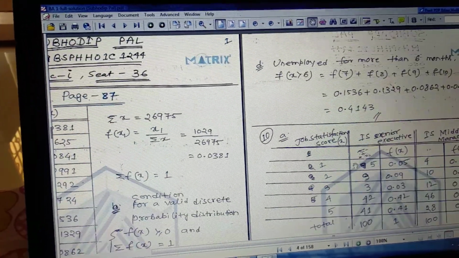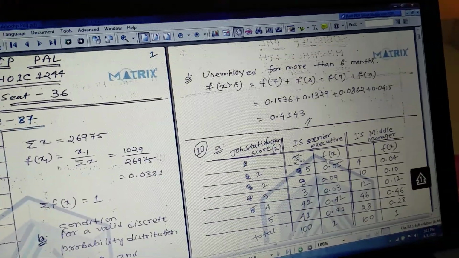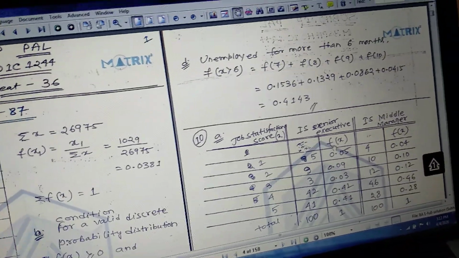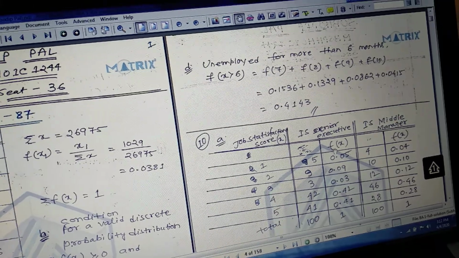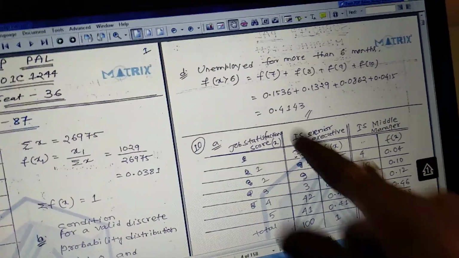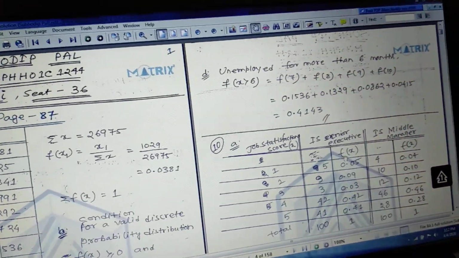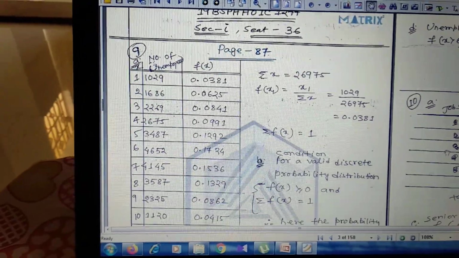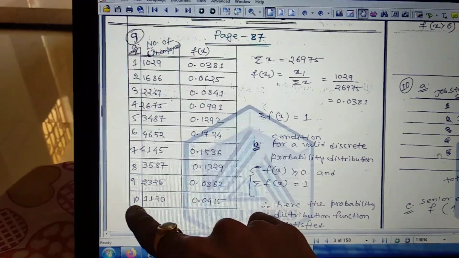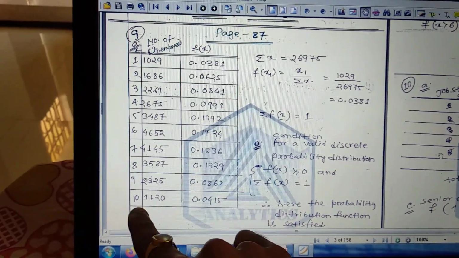In the next part, we have to find the probability of an unemployed person for more than 6 months, that is P(x ≥ 6). Here, in the question, the probability of unemployment is given up to 10 months.